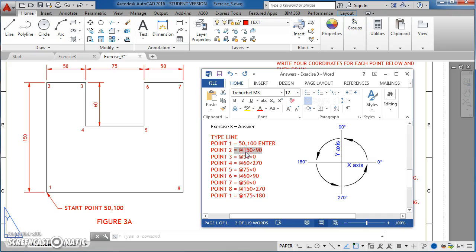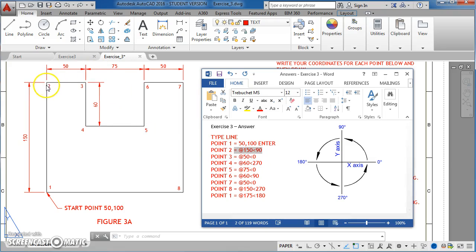It's going to be 150 long, then the angle symbol, and now it wants to know the angle of the line. And this is what you have to work out. Looking at the compass here, that line over here is traveling in this direction, so it's 90 degrees. So you would type @150, angle symbol 90.